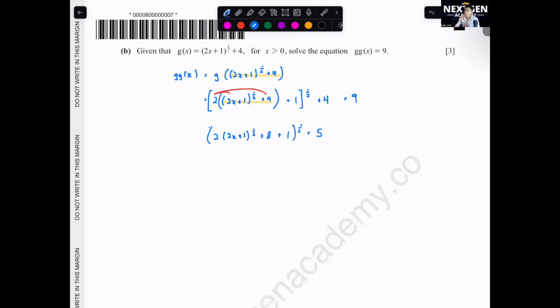Then the 1 over 2, bring to the right hand side, will become a square.